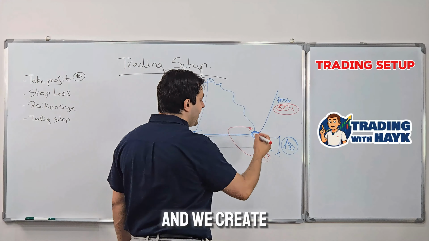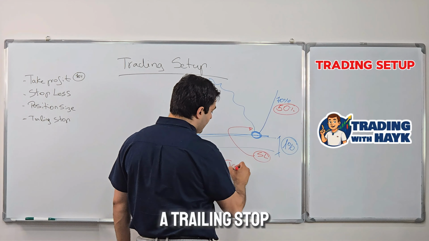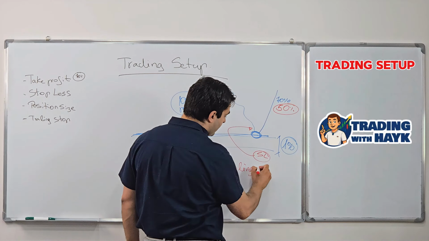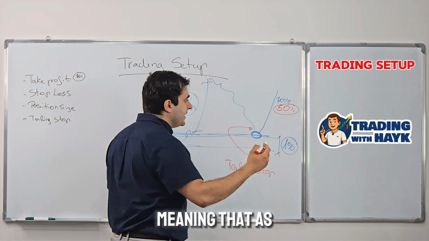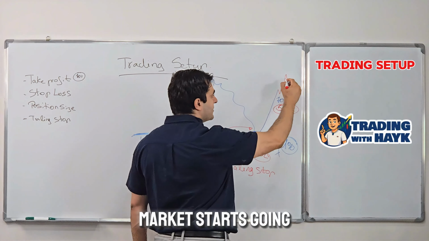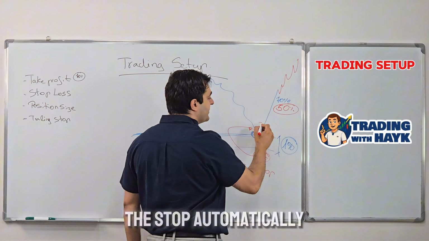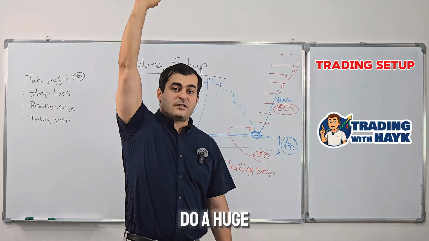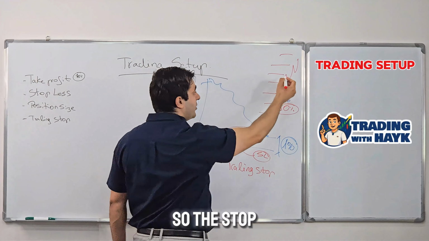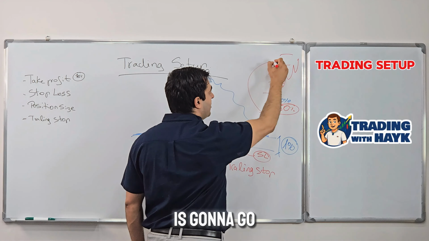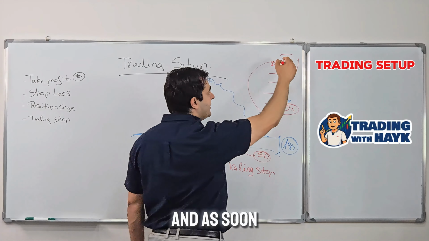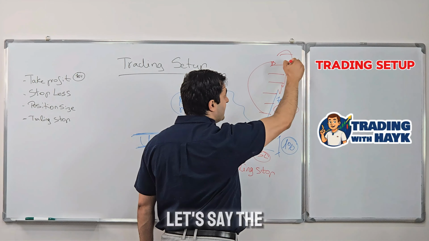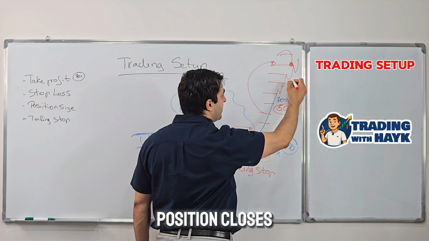And we create a trailing stop, meaning that as soon as the market starts going up, the stop automatically goes up as well. Maybe it can do a huge spike all the way up, so the stop is going to go up here as well. And as soon as it goes back here, let's say, the position closes.